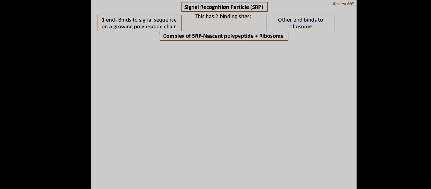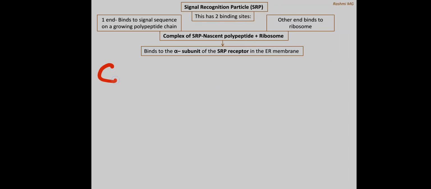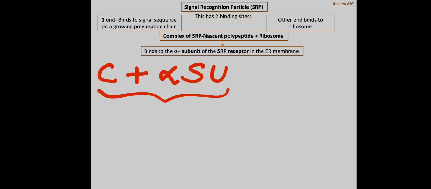So let us see now. The signal recognition particle has two binding sites. One will bind to the polypeptide chain, the other will bind to the ribosome. This forms a complex. This complex binds to the alpha subunit of the SRP receptor. So I'll write here: complex plus alpha subunit of SRP receptor.